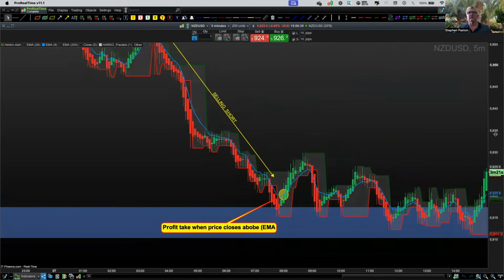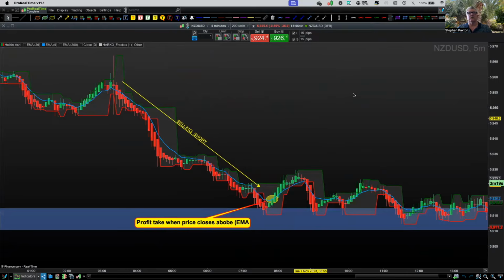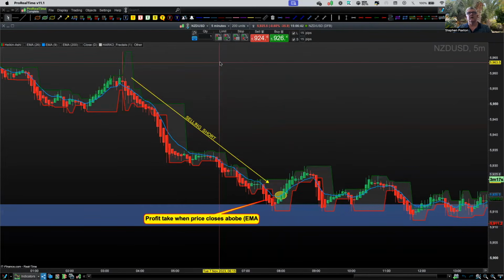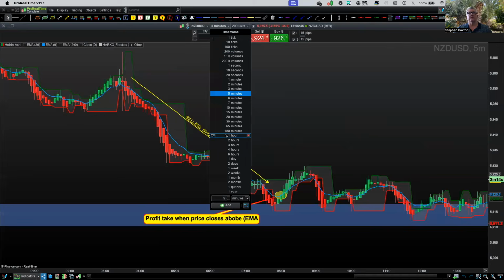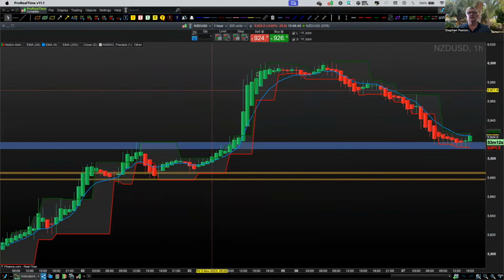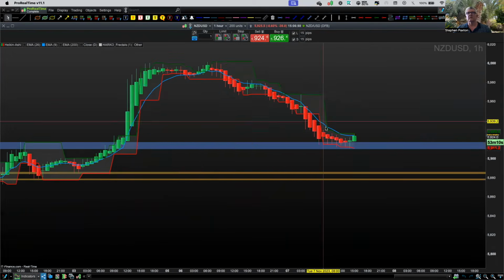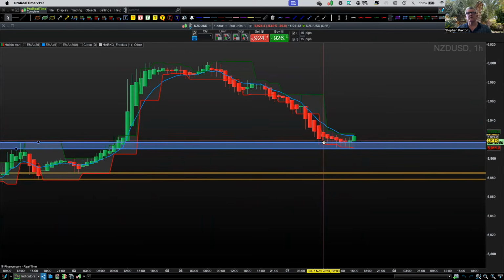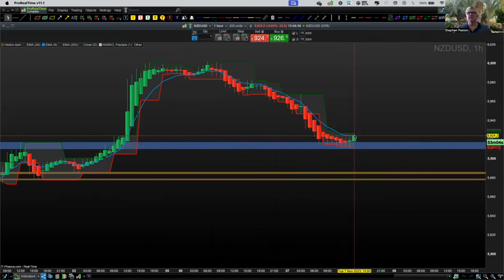So take your profit, and a great way of stretching your trade as far as you can go into a nice resistance level, then boom, you're taking your profit round about here. Or if you want to keep it in the same time frame, you are taking your profit just about there.